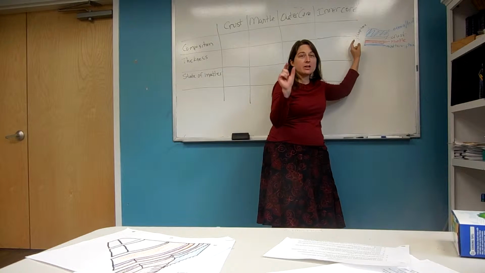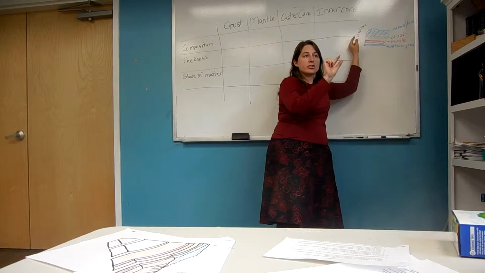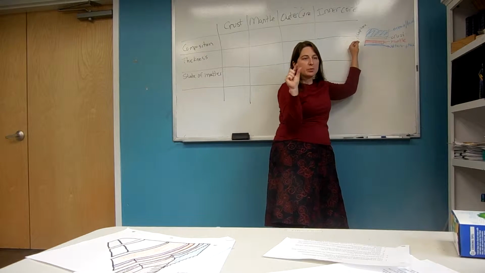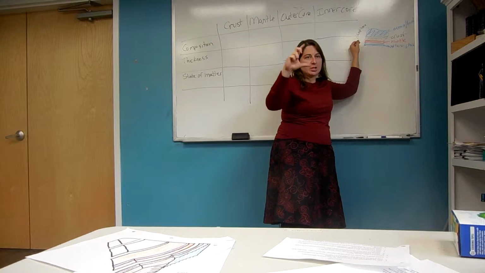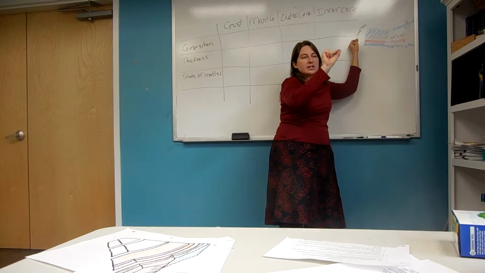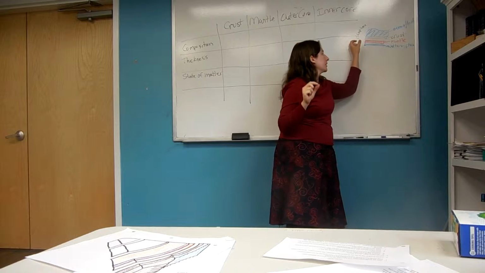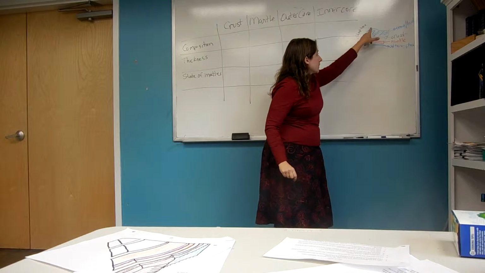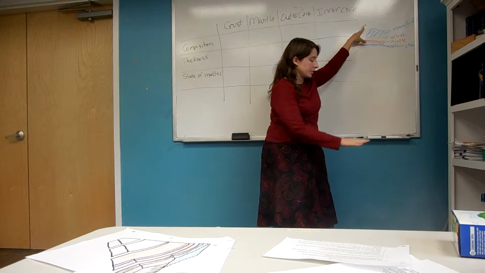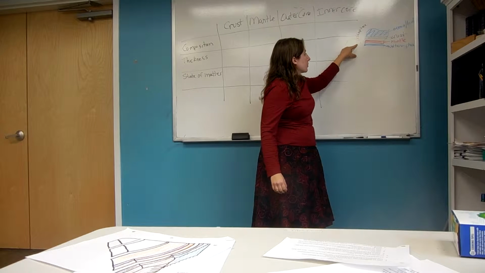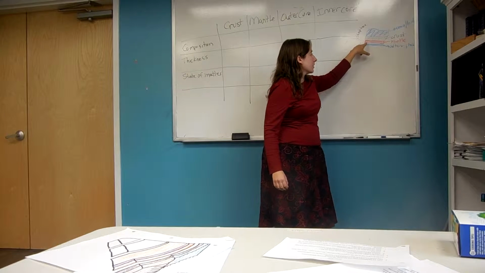And then that first layer of mantle, you should have an orange stripe colored, and then a purple stripe, and then another orange stripe, showing that the mantle has this strange layer within it. So the lithosphere is from the very tippy top of the surface of the Earth through that first orange layer of the mantle.